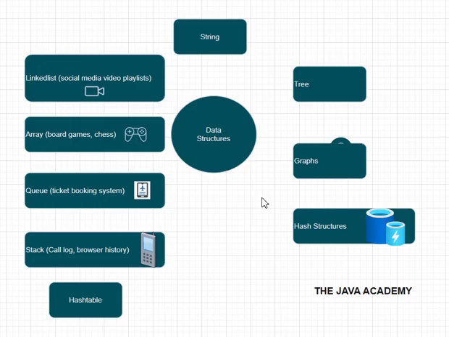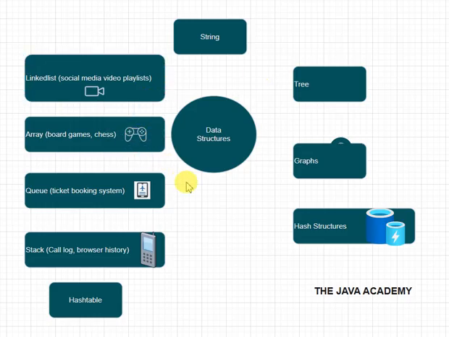So here, as you can see from this diagram, the whole idea is data structures, and then you have a number of data structures on the left, a number on the right, and then strings right here in the middle. The guys here on the left are basically linear data structures. The guys here on the right are non-linear data structures.